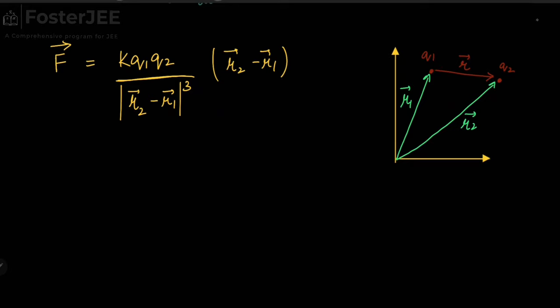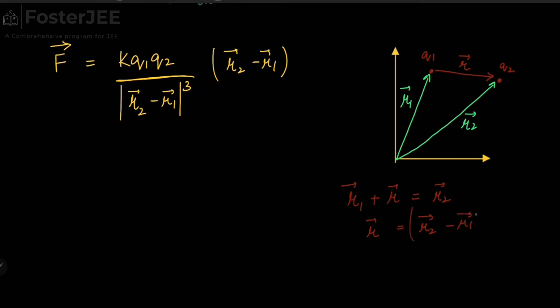Now by vector law of addition, we can say r1 vector plus r vector equals r2 vector, or r vector is equal to r2 vector minus r1 vector.